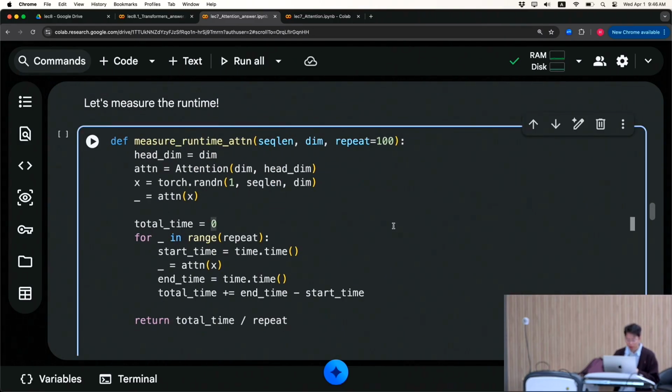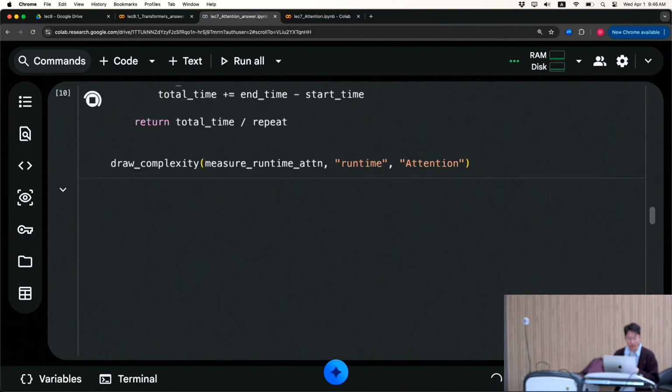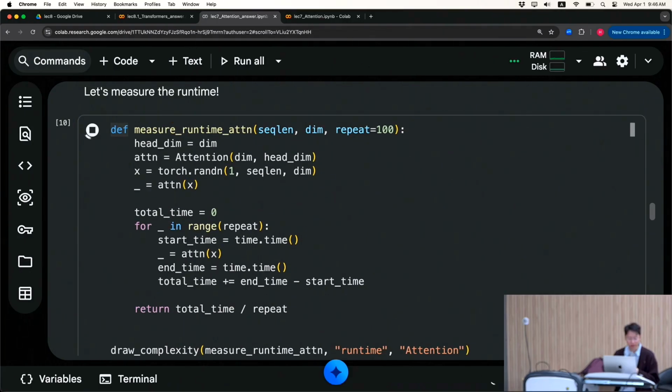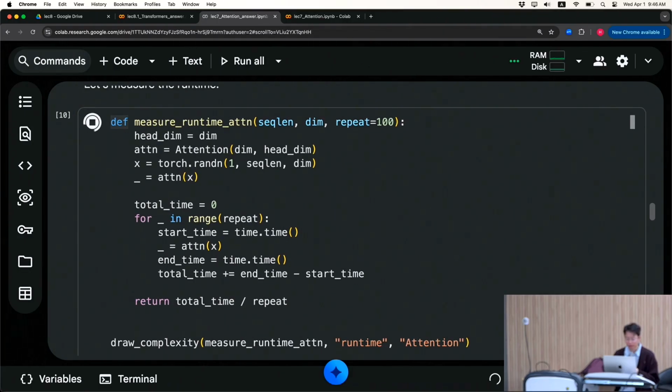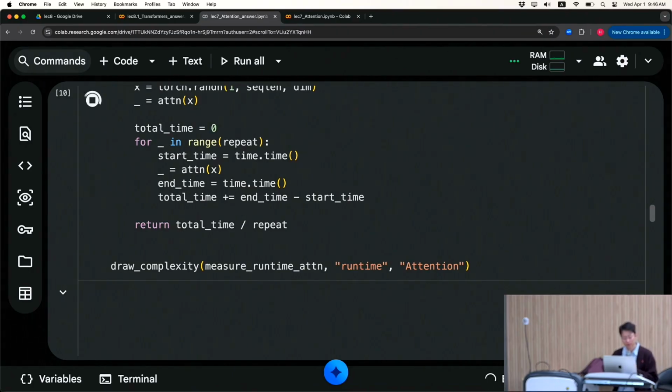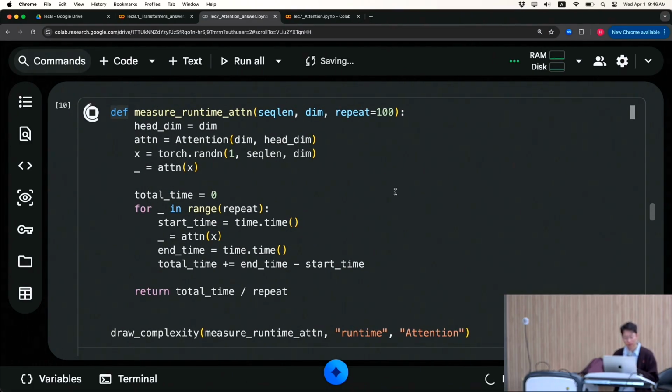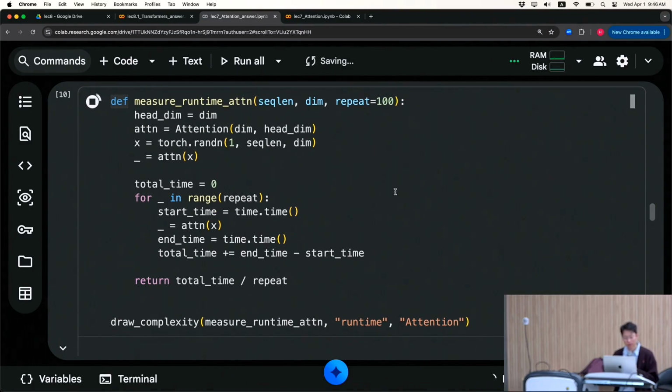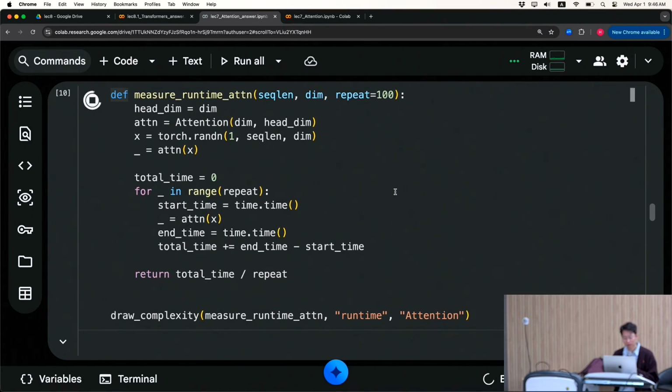Okay, let's actually measure with the wall clock runtime. It's going to repeat 100 times and average the results.